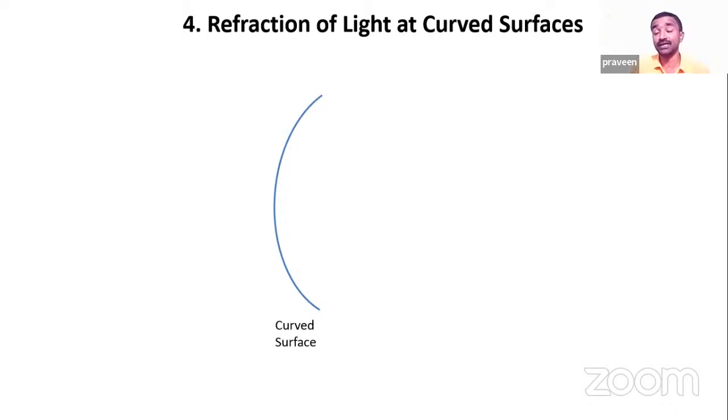So mathematically it may be a circle or maybe an arc. So they are called curved surfaces. Here, if you are observing from the left surface, suppose I am giving you that arrow from this surface.